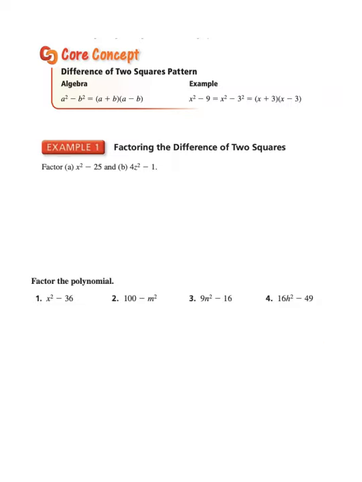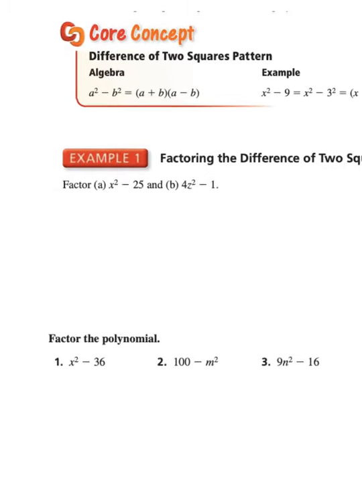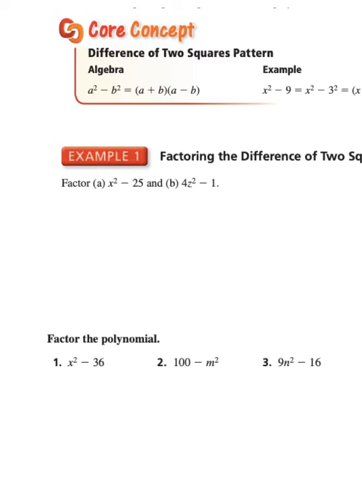Okay, so let's go to what's going on. If you remember what we were just doing, we were producing these types of numbers just now. X squared minus 25. So what did the x squared minus 25 come from? Well, it came from a difference of two squares.